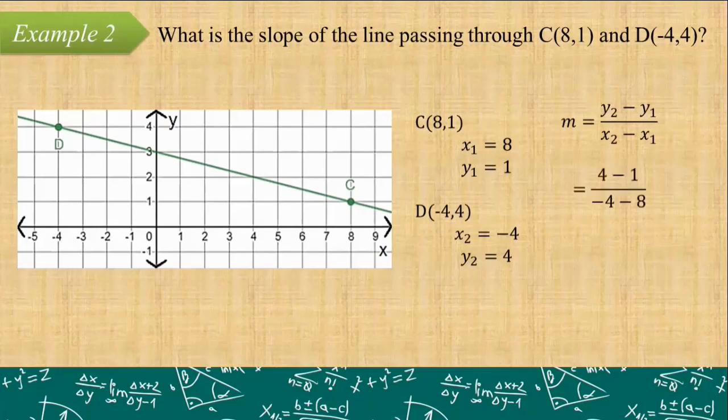Substituting all the values to their respective places, we will have this. 4 minus 1 is 3, and then sa baba naman is negative 4 minus 8 is negative 12. Simplifying this fraction, we have negative 1/4. So kung mapapansin nyo, negative yung slope, tapos yung line natin rises to the left. So it confirms na dapat nga negative yung slope.